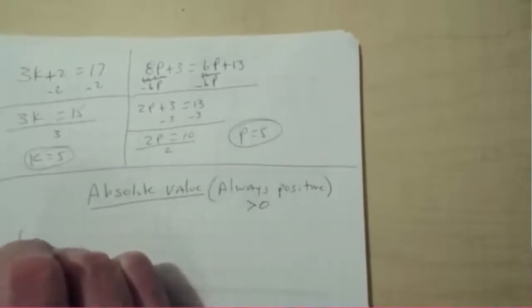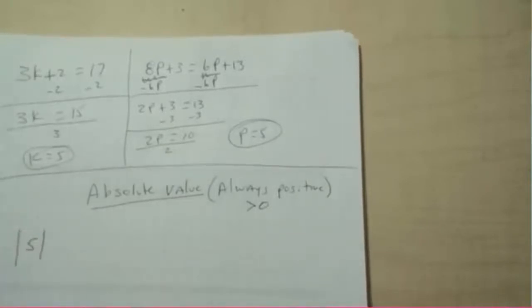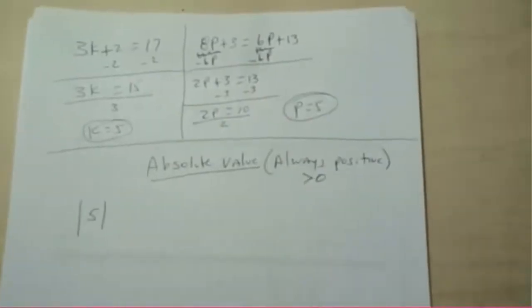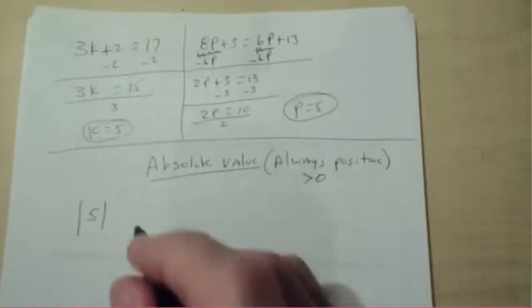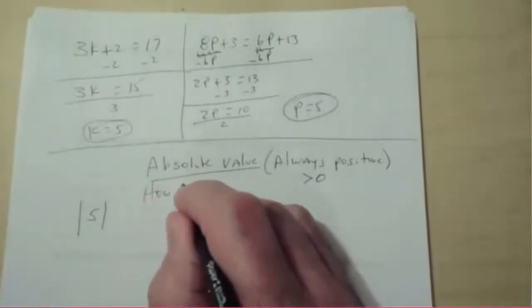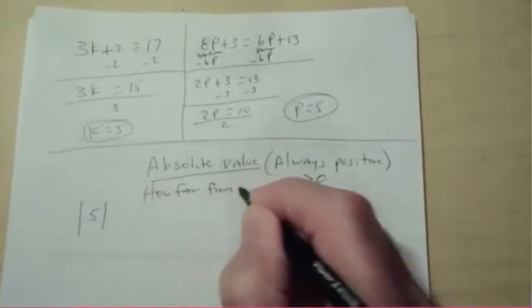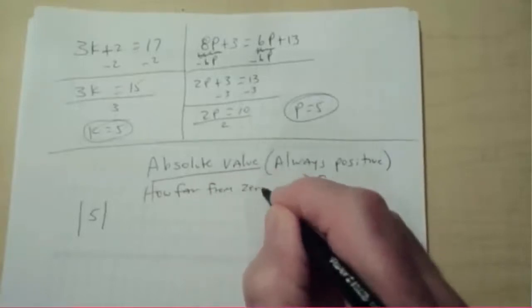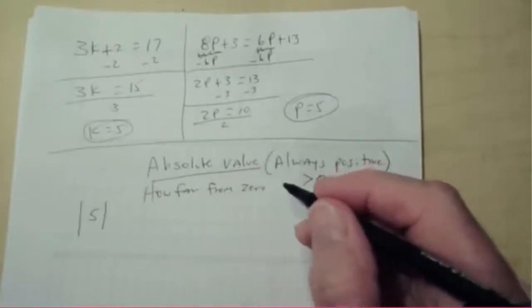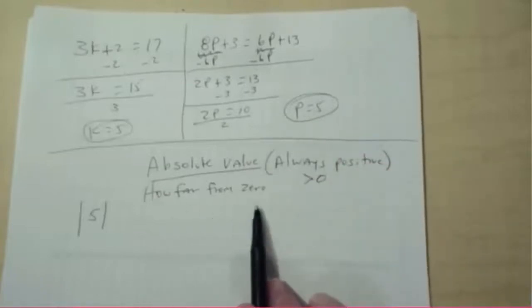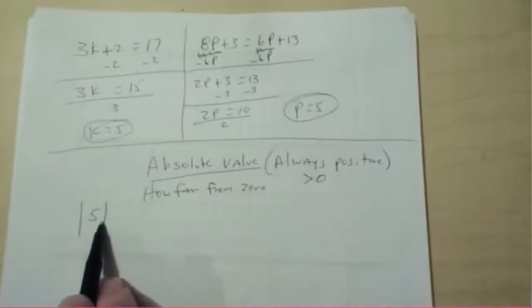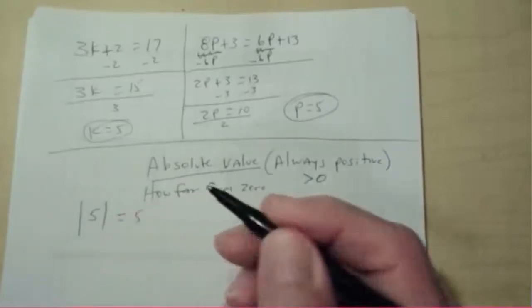Absolute value of 5. Now, what absolute value means is how far it is from 0 on the number line. Now, can distance be a negative number? No. That's why it's always positive. So the absolute value of 5 is 5.